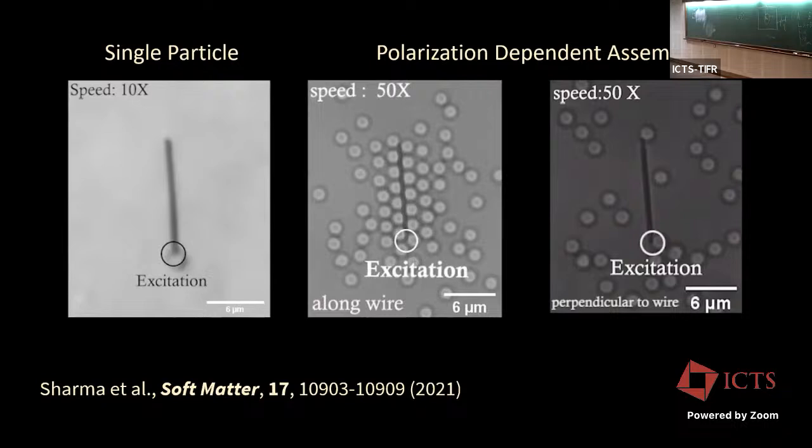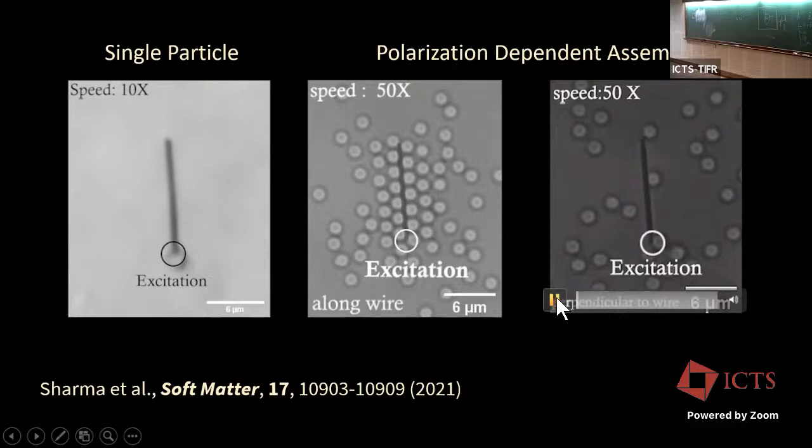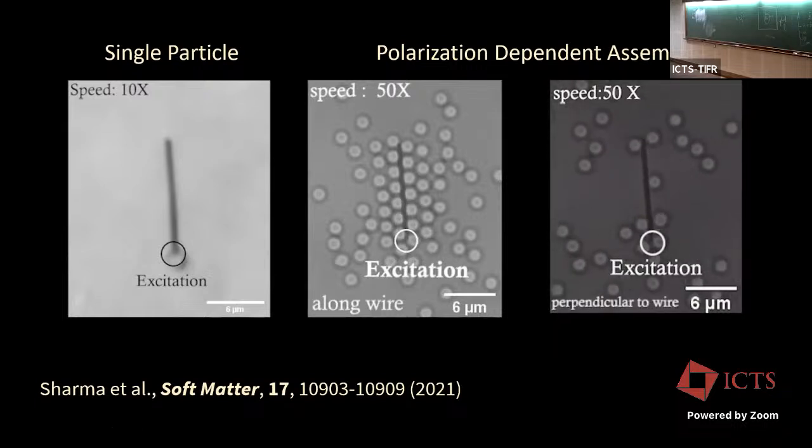So if I now park the laser beam with polarization perpendicular to the wire, you will not get any crystallization. So you are able to control the assembly process by merely playing around with the orientation of the input excitation polarization. This gives you another degree of control in handling this system.